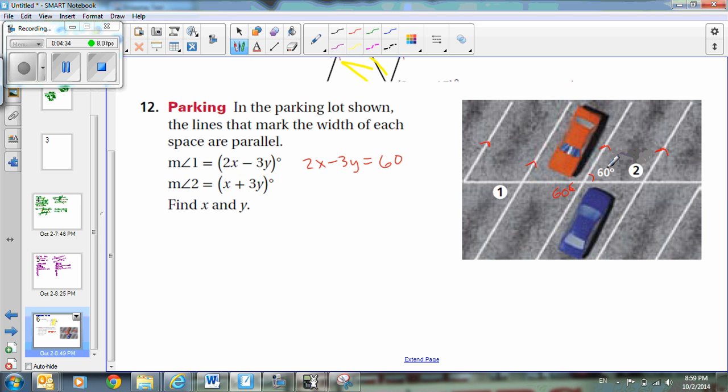So if this angle is 60 degrees, that means the measure of angle 2 must be 120 degrees. 180 minus 60 is 120. All right, so that gives you your second equation. So right here, you're going to write that the measure of angle 2, x plus 3y, is equal to 120 degrees. Now that we have a system of two linear equations and two unknowns, you can solve that system using either substitution or elimination.